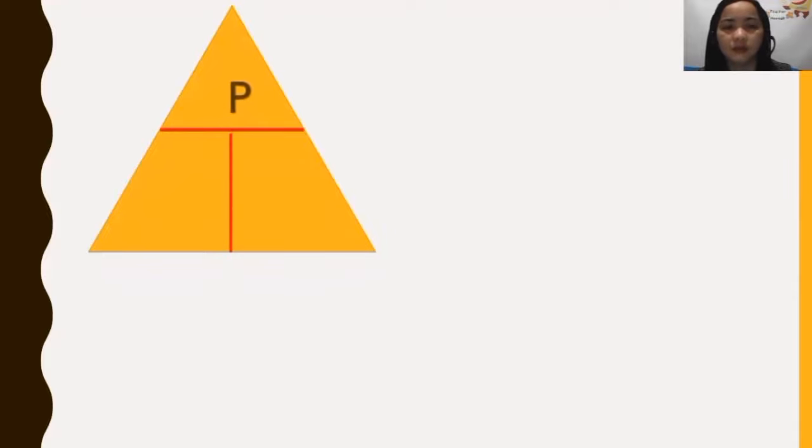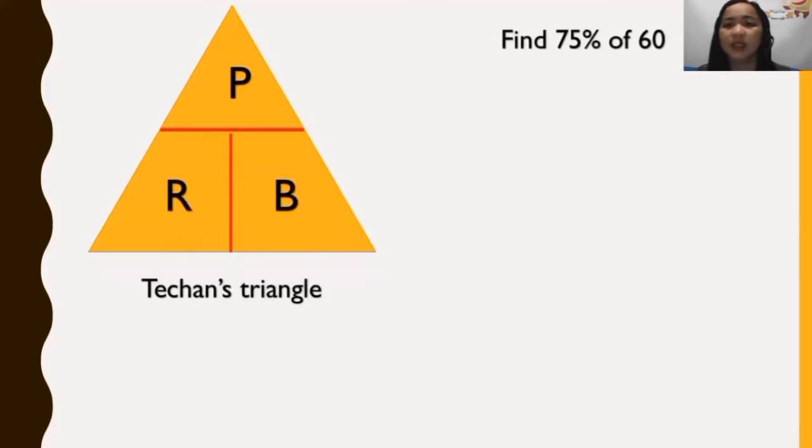So now let us try to apply these. We have here the second triangle, PRB. Let's have this: find 75% of 60. Earlier, I gave word clues on how to identify which is the percentage, which is the rate, and which is the base.